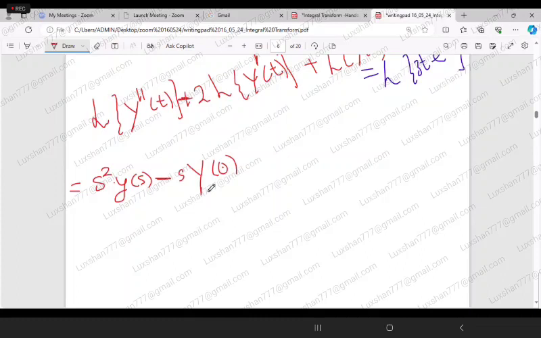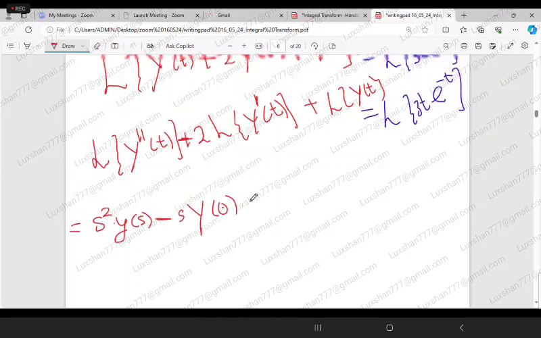Therefore, this is s squared Y(s) minus s Y(0) minus Y dash 0.